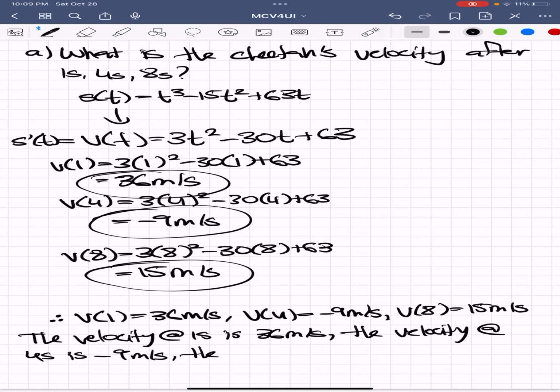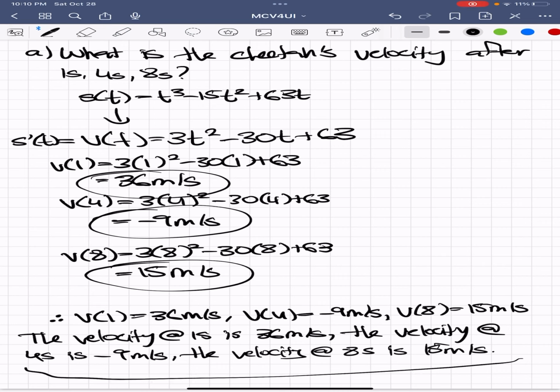And the velocity at 8 seconds is 15 meters per second. And we'll do a big old circle around our answer. We can do a better circle than that.